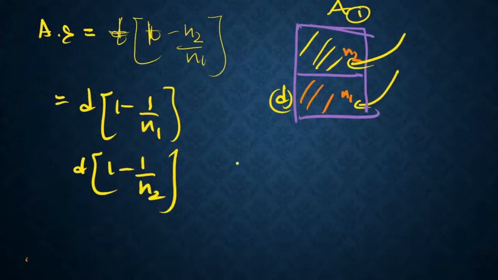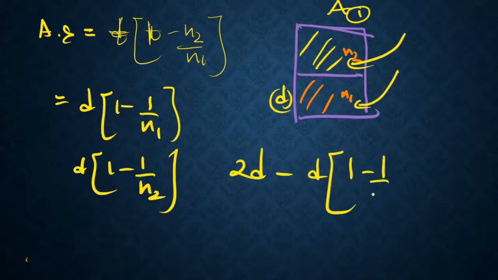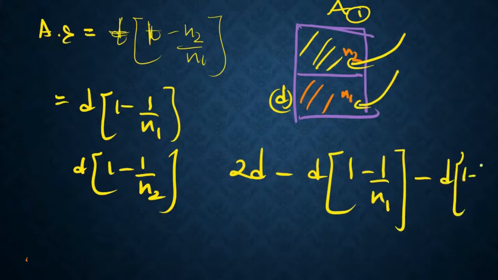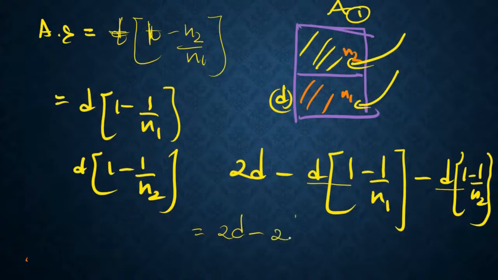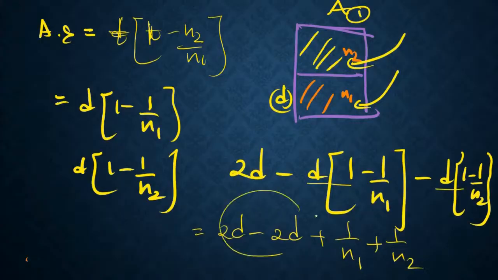So we have two shifts, so basically 2d minus d into 1 minus 1 over n1, again minus d into 1 minus 1 over n2. So let's simplify this now. So it's 2d minus d and minus d, so it's minus 2d plus d over n1 plus d over n2. 2d cancel off, so this is the answer we are getting.